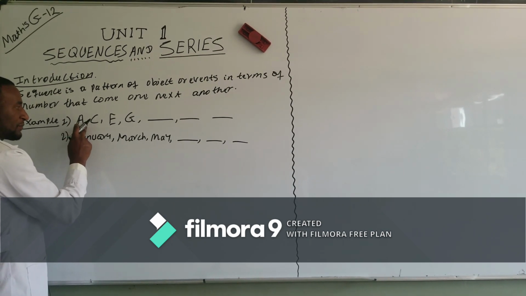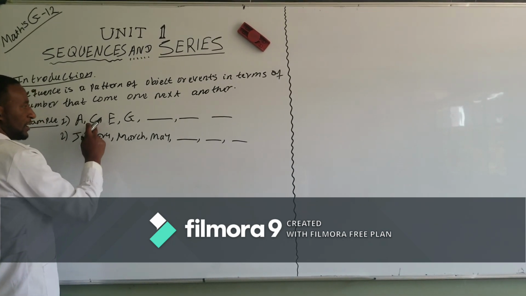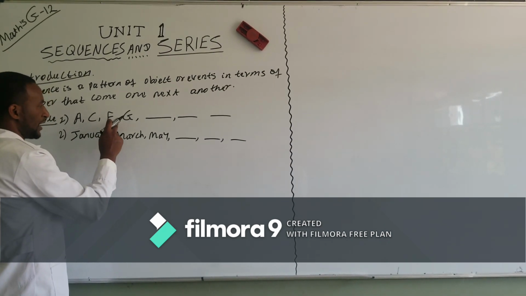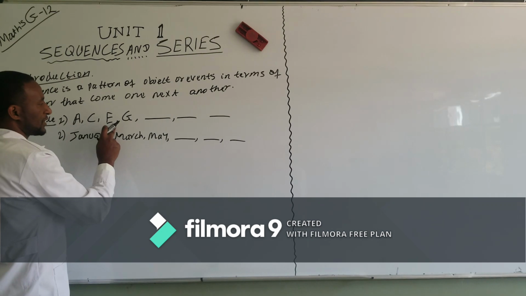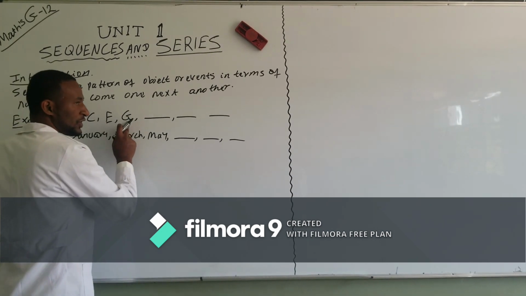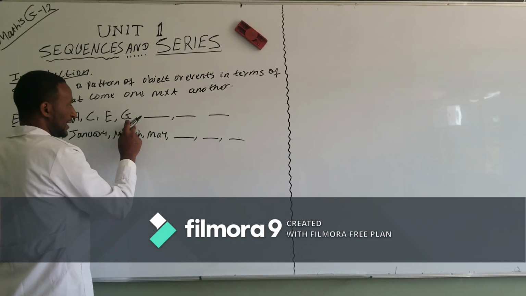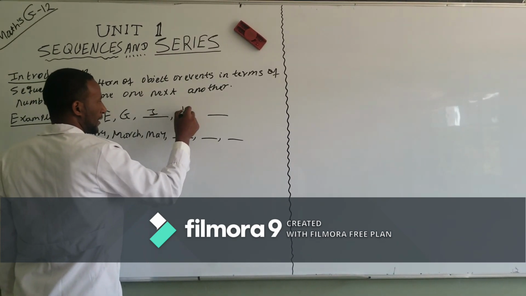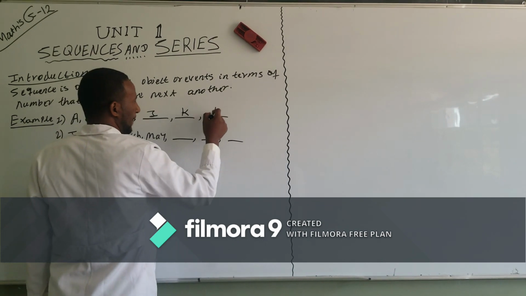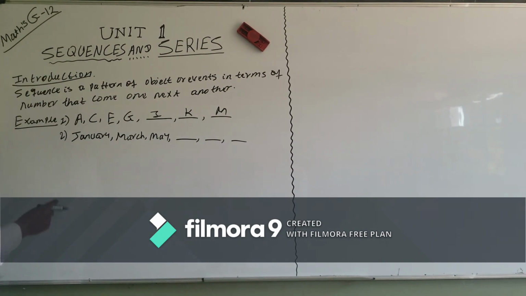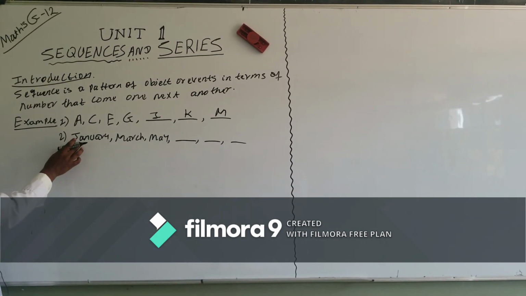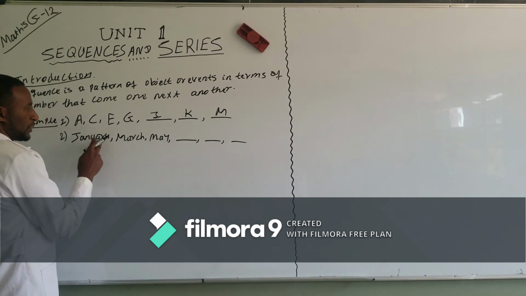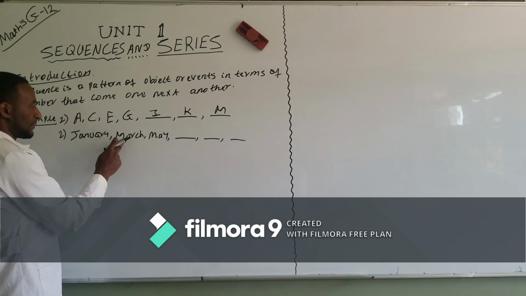We say A, by missing B we say C, by missing D we get E, by missing F, G, then we leave the next letter, I, J, K, L, M. In the second example, we jump one month between two consecutive terms.